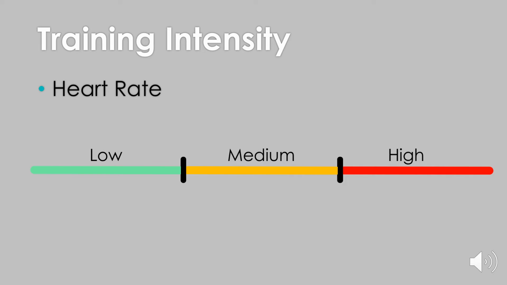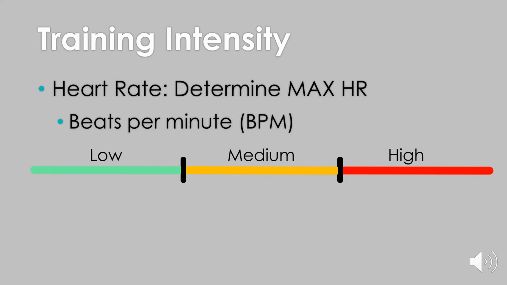If you want to use heart rate to determine your training zones, you must know your maximum heart rate, or the highest value your heart rate rises to during extremely hard exercise. Heart rate is measured in beats per minute, more often stated as BPM. To test this, you can do a 45-second all-out sprint on a bike or a run with a heart rate monitor and then find the maximum heart rate during that sprint.